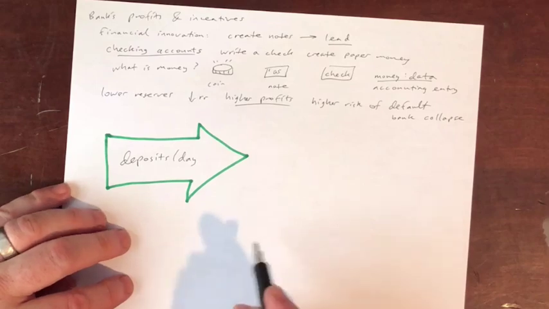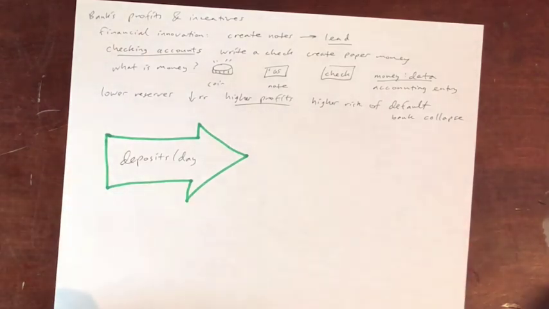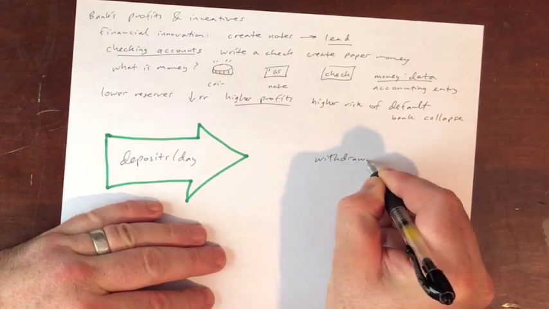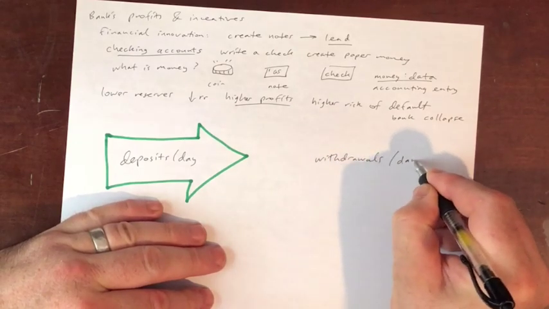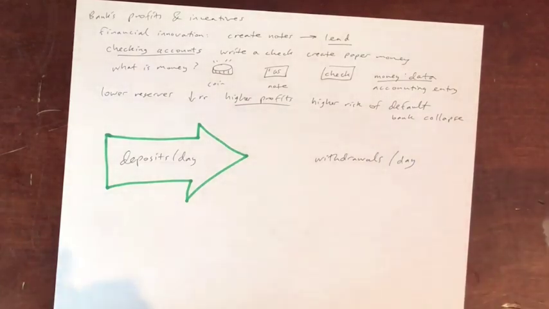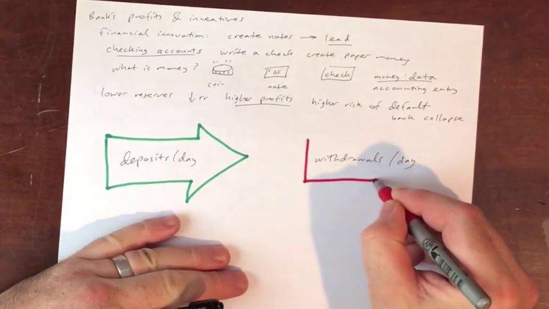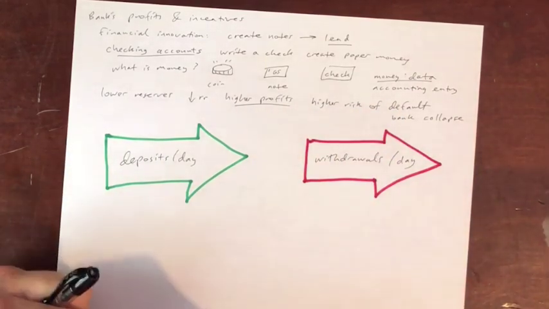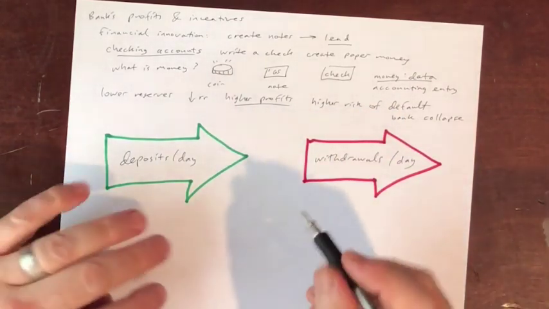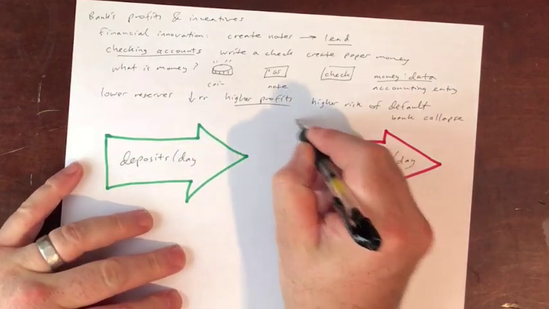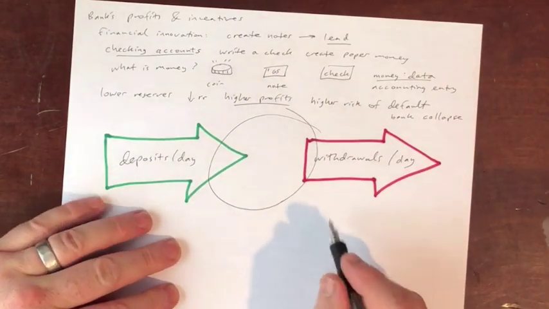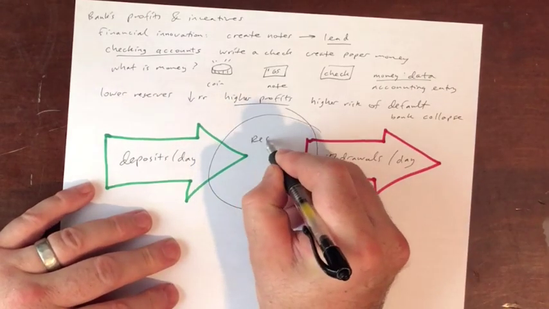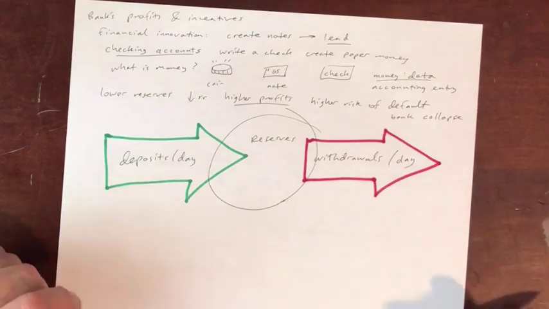And then of course on any given day they also have withdrawals, again per day. Visualize this as a stream that is leaving the bank. And what is in the center? The deposits are coming in to what? The withdrawals are leaving. So this center area is the bank's reserves.